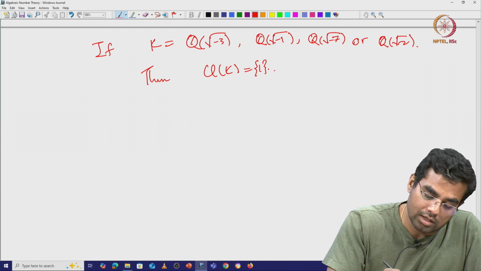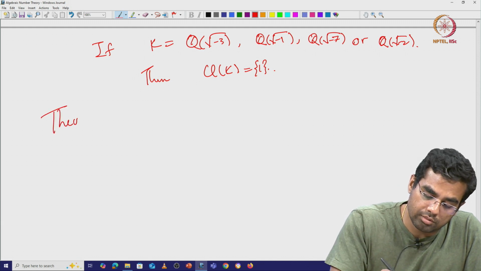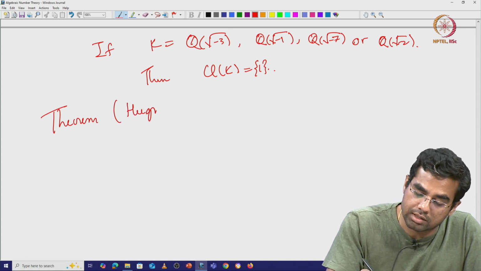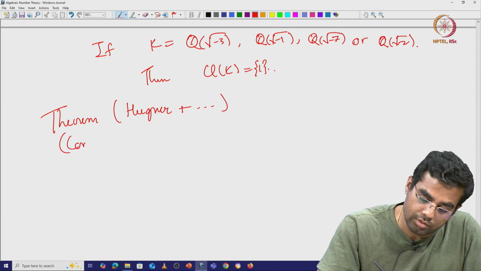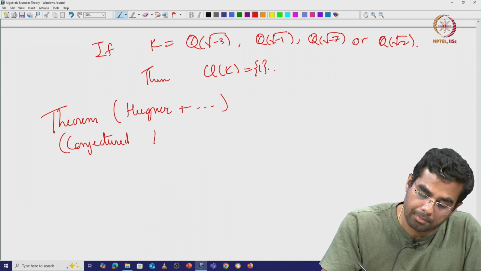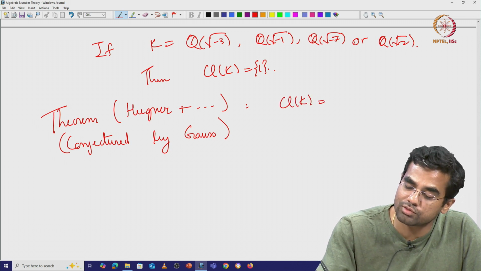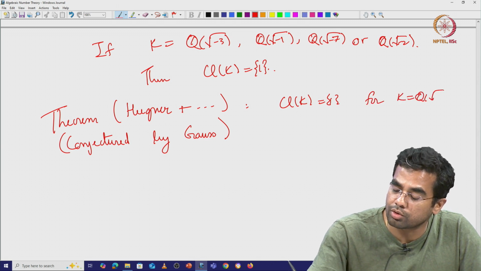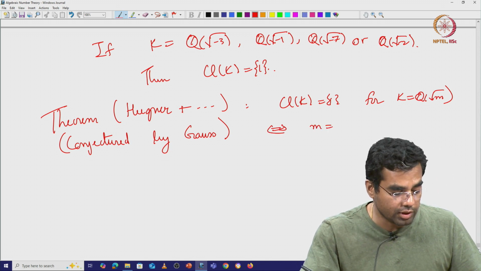In fact, again this is a theorem of Heegner, I guess, plus other people, and this was conjectured by Gauss again, right, that CL of K is 1 for K equal to Q square root of m if and only if m is one of the following discriminants.